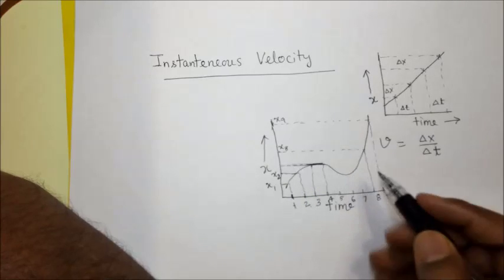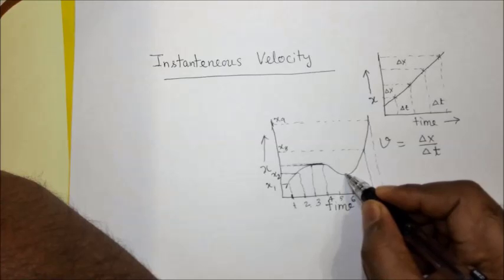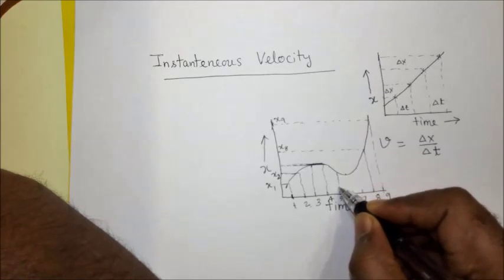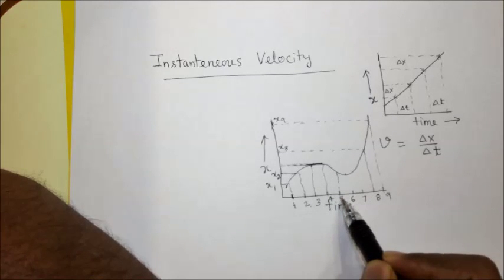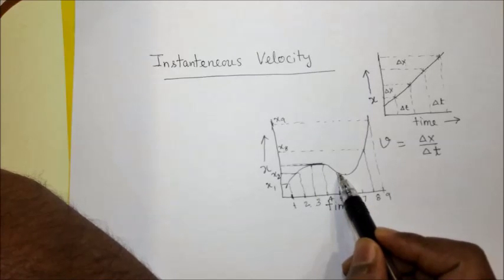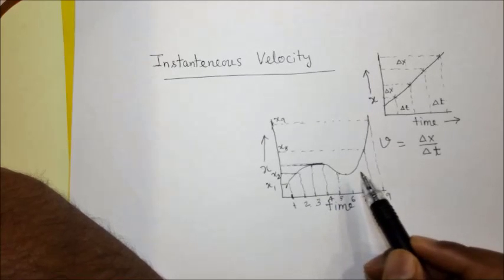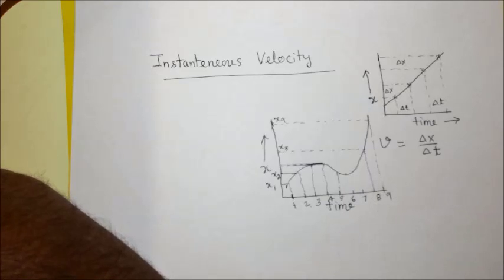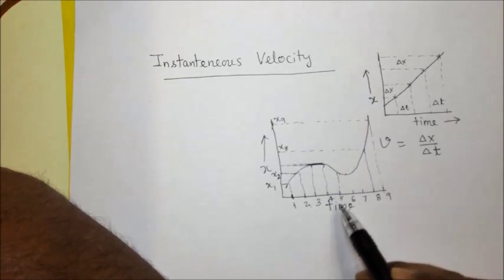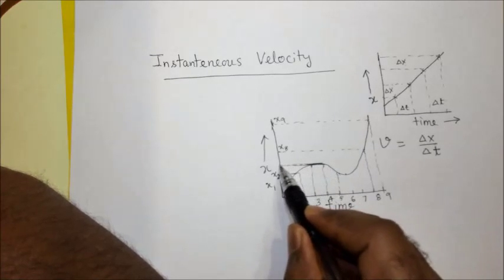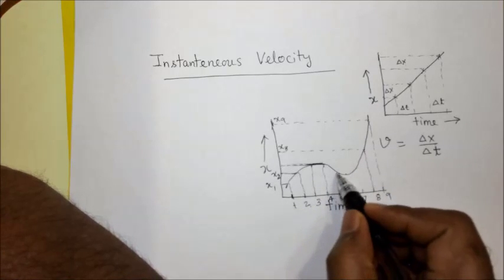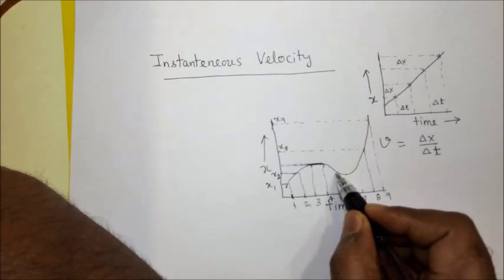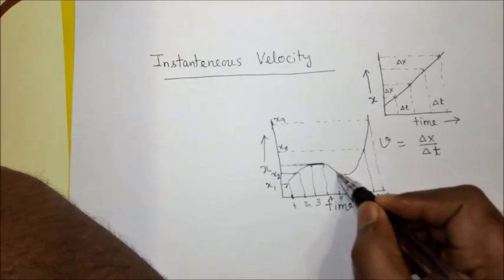What happens here? Between 4 and 5 seconds delta x is negative, so the velocity is negative, because this is x initial, this is your x final. So delta x is negative from here to here.